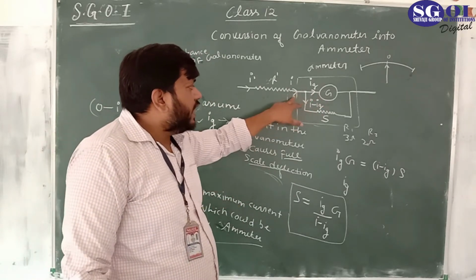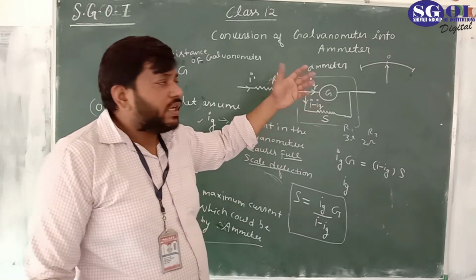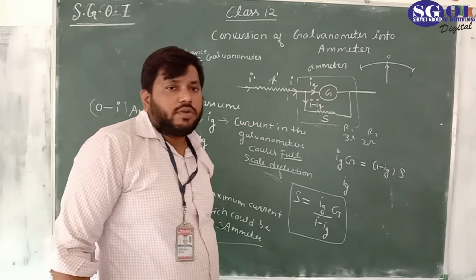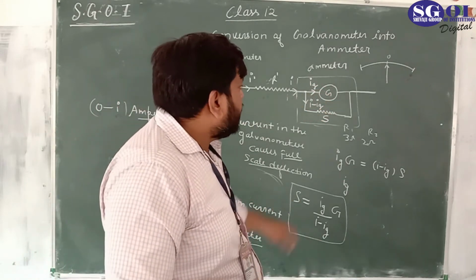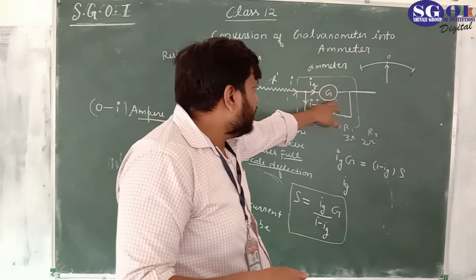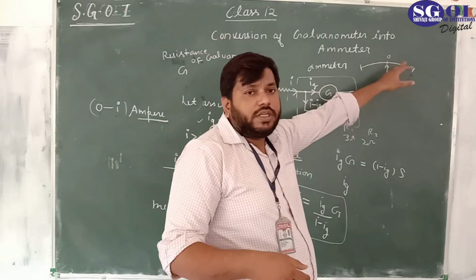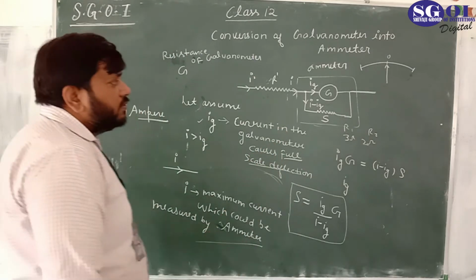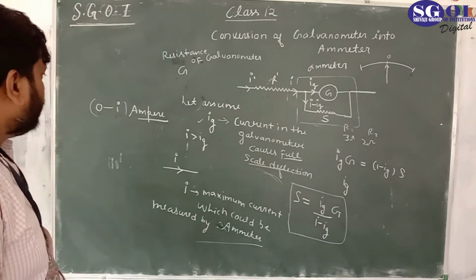If the current is very high, then the current passing through the galvanometer could be larger than the Ig, and then the pointer of the galvanometer could be damaged by the stopping.